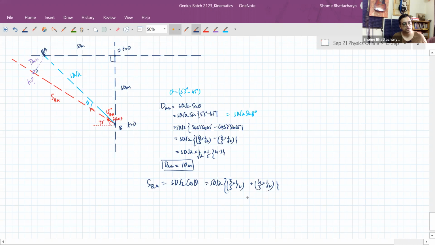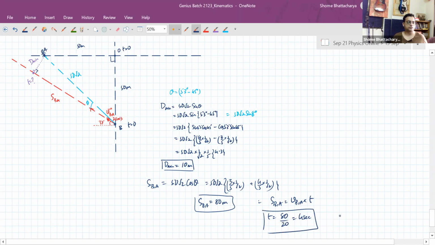So this will actually become 8 into 10, 80 meters. Just check my calculation. Okay. So now this distance should be equal to the magnitude of the relative velocity into time. So this will become 80 by 20 seconds. So it will come to the closest point at t equal to 4 seconds.